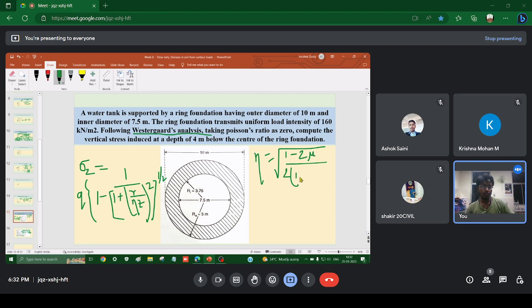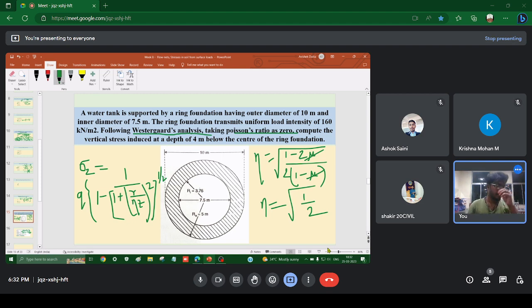Now mu I have told you to take as 0. So this is 0, this is also 0. So 1 by 2. So eta equals root over of half. Is it clear?